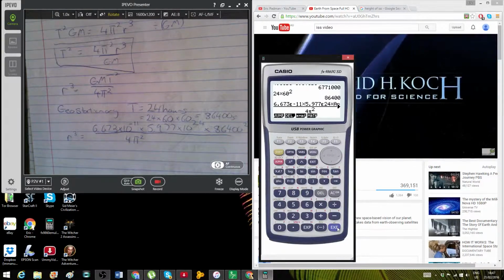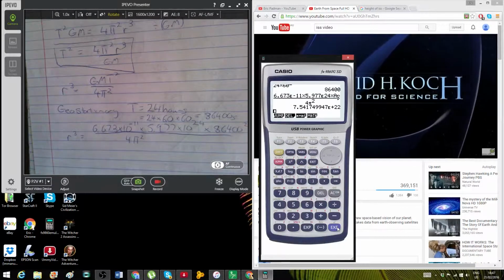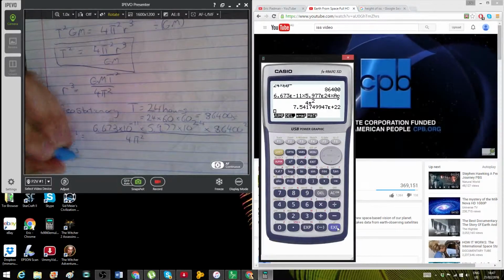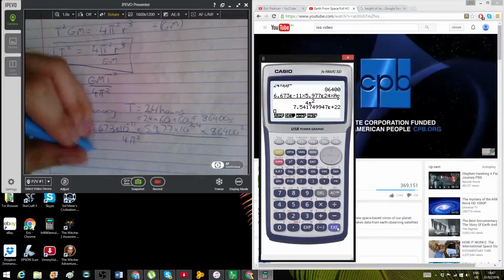There we go. That looks big, but remember that's still cubed, so we need to take the cube root of that. But I'll write it down for now.